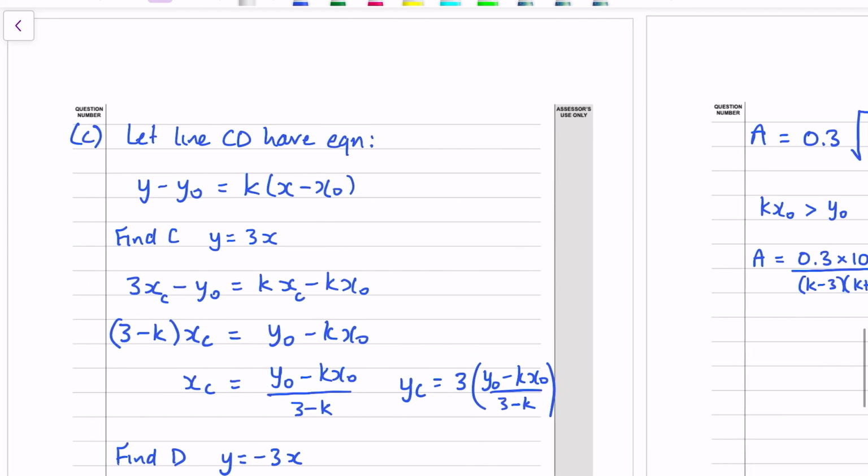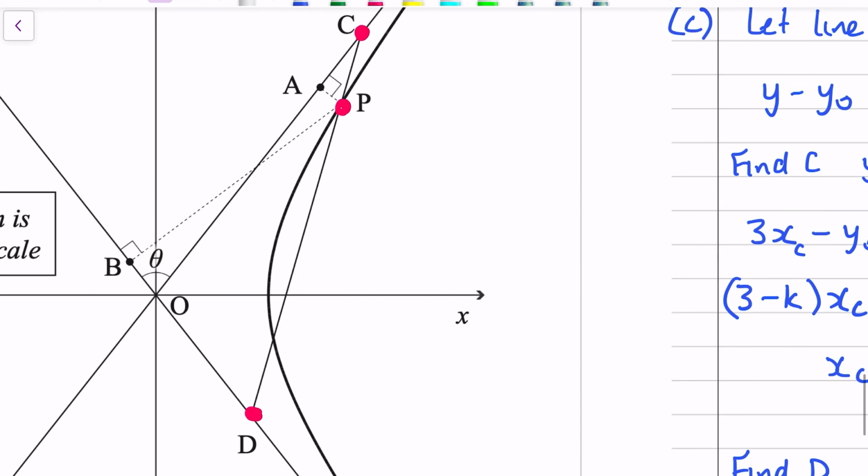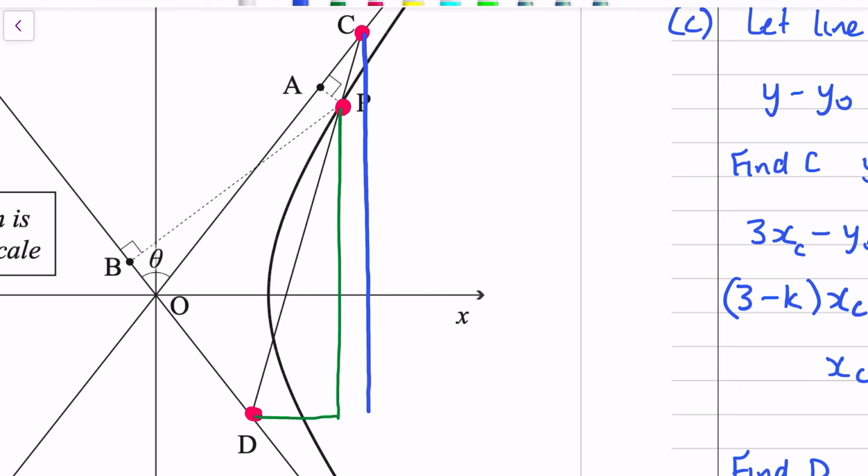To bring in the lambda, they use this sort of similar triangle understanding here, that if I drop a line down there, it's not a very straight one, but you get the point, and then I drop another line down here, because of the ratio of lambda to 1, the line PD to CP has a ratio of lambda to 1, so do the x values.